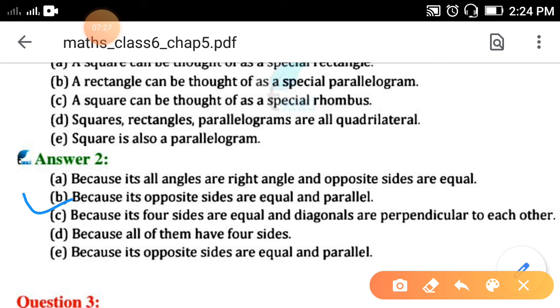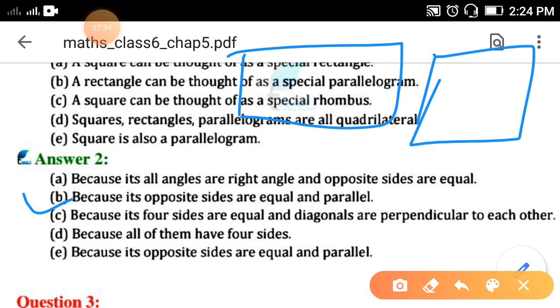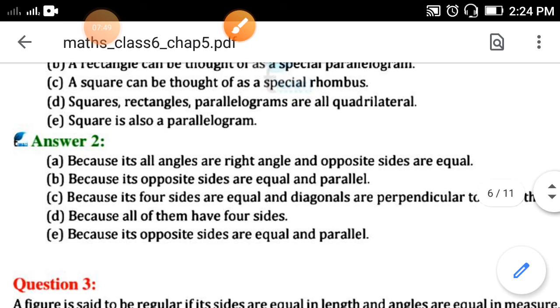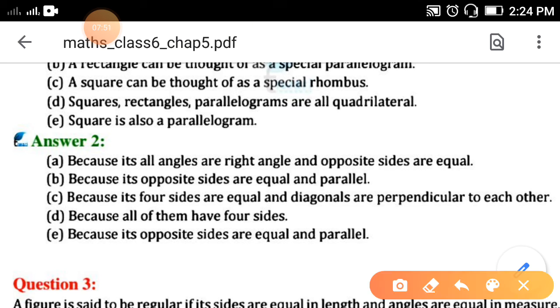you have to do a comparison here. In a rectangle and in a parallelogram, this is the parallelogram, opposite sides are parallel to each other. In a parallelogram also opposite sides are same, equal and parallel, and in a rectangle also opposite sides are equal and parallel. C. A square can be thought of as a special rhombus. What is a common property between square and rhombus?